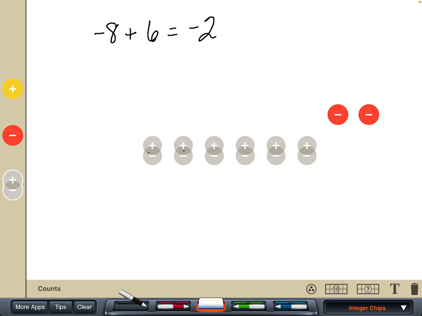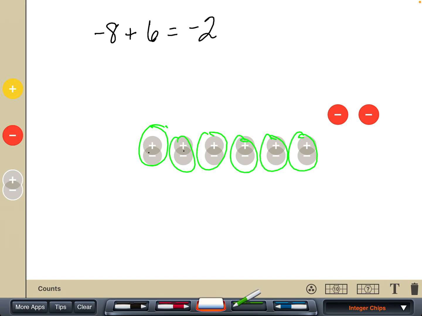We have 2 negatives left over. So 8 negatives and 6 positives. When we put them together, we get 6 zeros. 1, 2, 3, 4, 5, 6. Remember, those opposites attract. They get together. They become 0. And then what we have left over is -2.